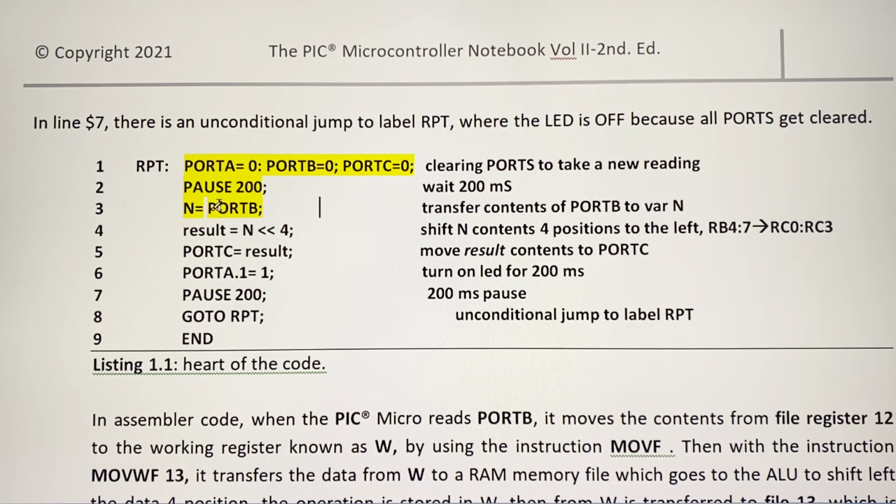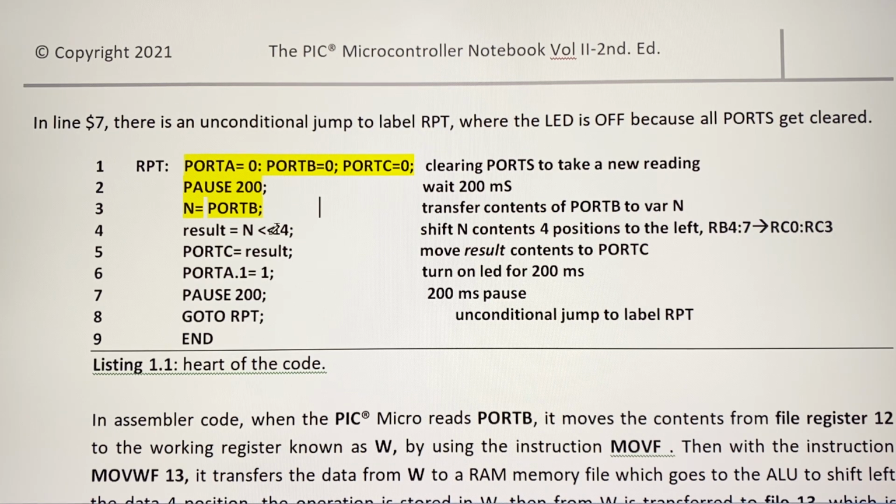And that's the way to read port B in this software. And then we have this N, which is a variable, and we have to shift the contents 4 positions to the left, so that RB4 to RB7 correspond to RC0 through RC3.